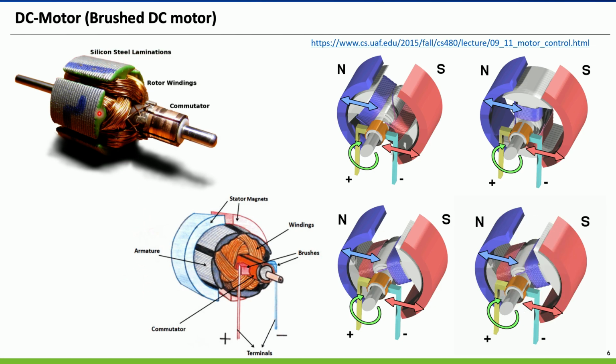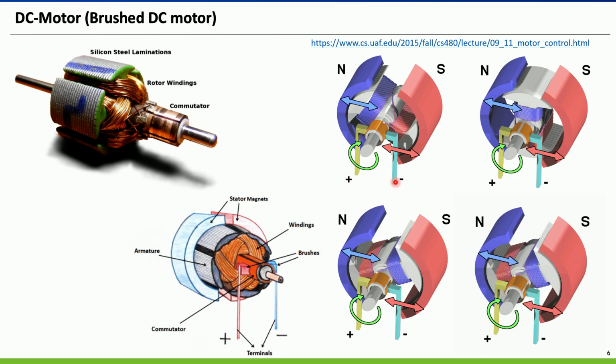We also call it the armature. Here are the same windings or armature, and this rotor is placed in the middle of the permanent magnet, north and south. So based on this principle of the Lorentz force, you can rotate these windings continuously.